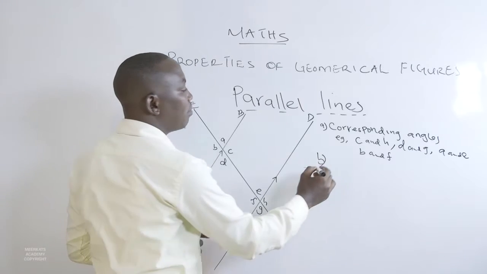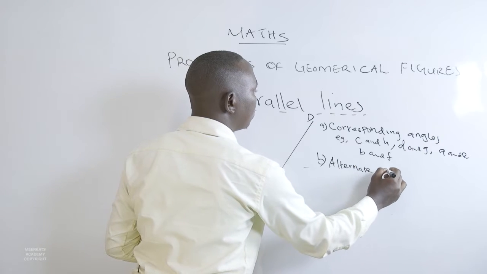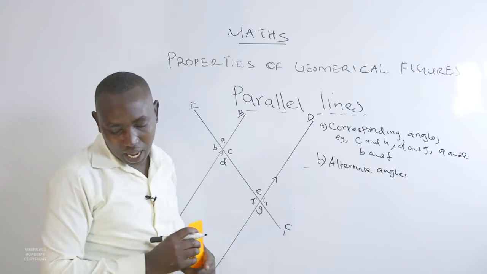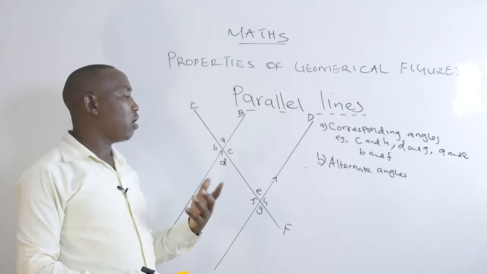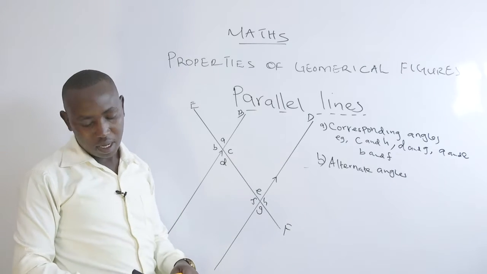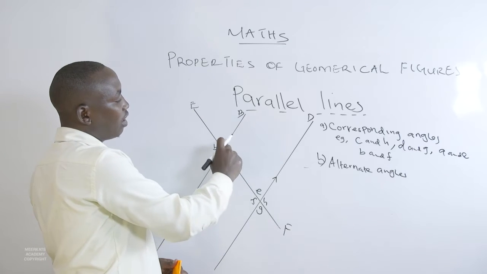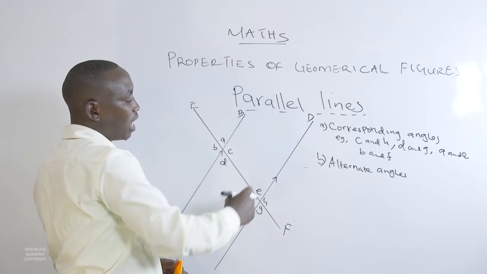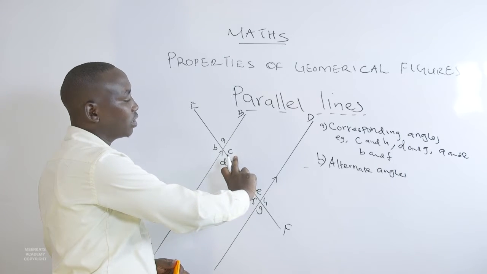Number two is about alternate angles. And these are angles which will always be equal. So in this case, if this is the transversal and these are the two parallel lines, then these are what we refer to as alternate.